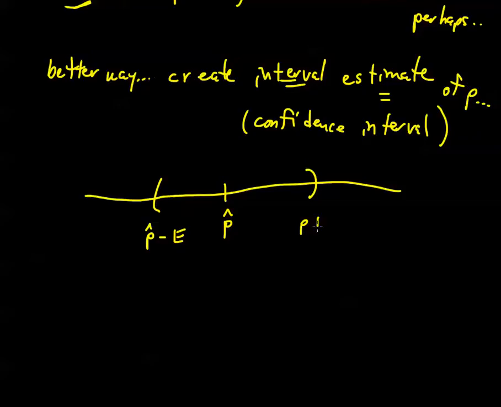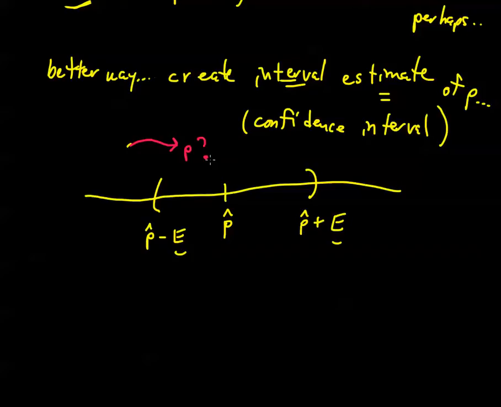To create this confidence interval estimate of p, I'll compute what we call a margin of error, and successively add and subtract that margin of error from p hat to create a range, which hopefully will contain little p.